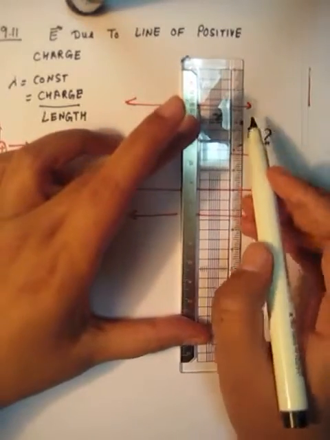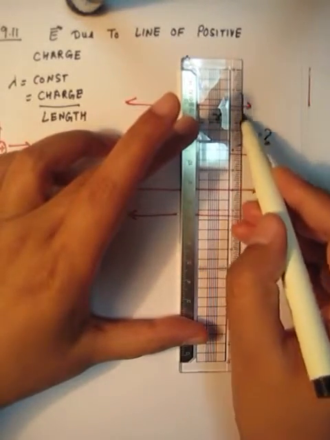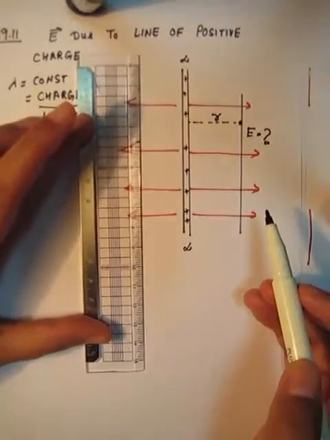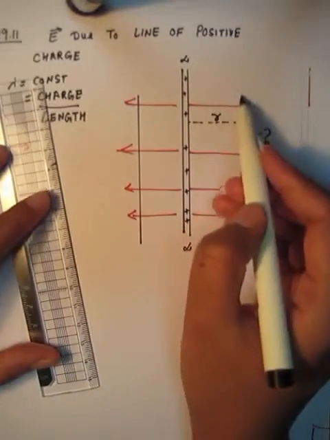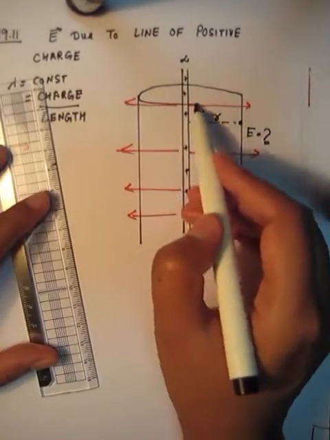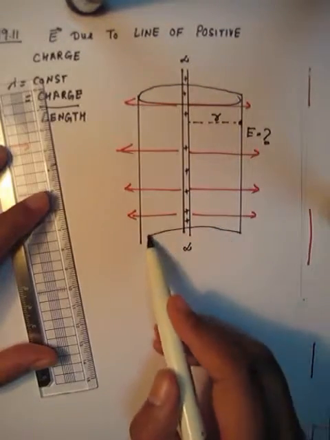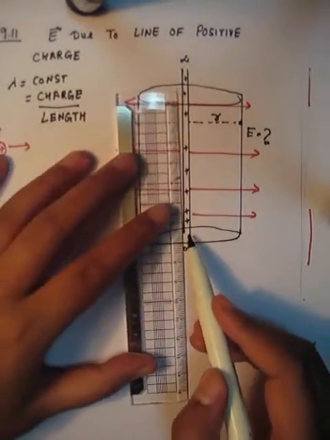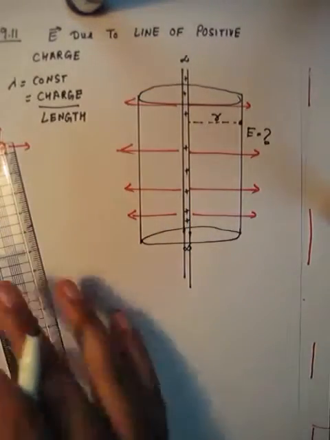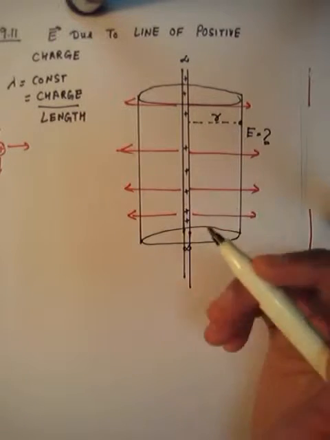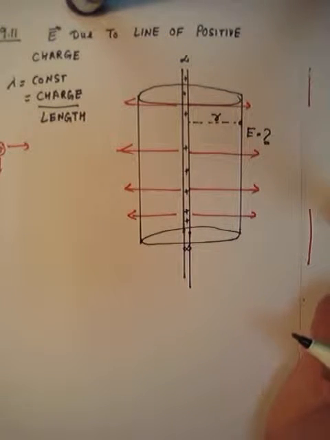So on this wire, this Gaussian surface will be a cylinder, and the radius of this cylinder will be r.